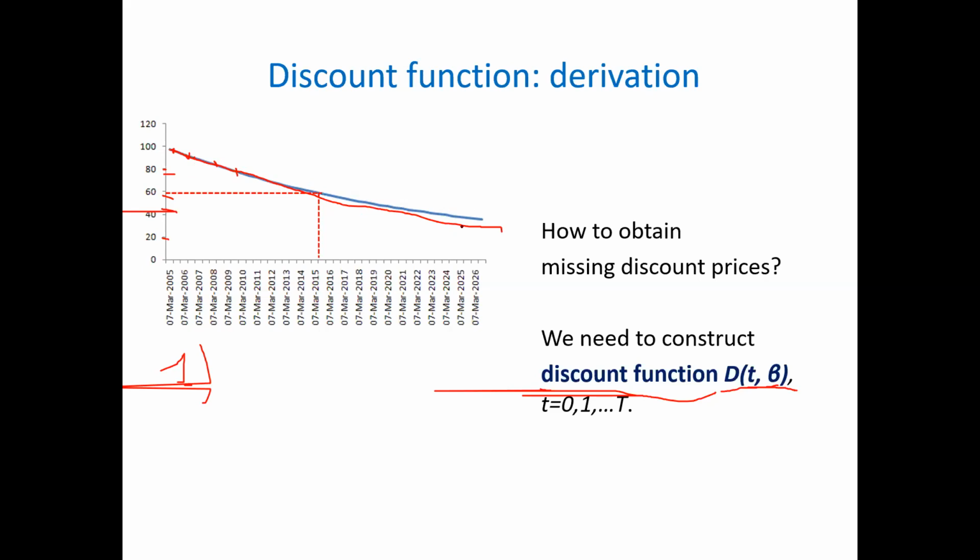So tell me please, why do we expect that any discount function, any version of a discount function, should be downward sloping?